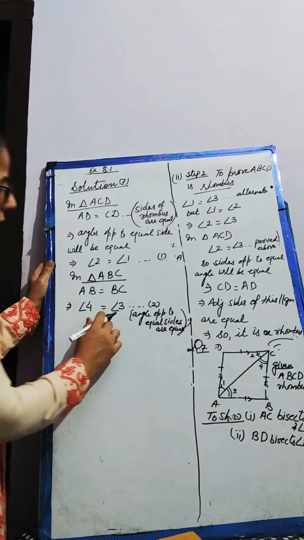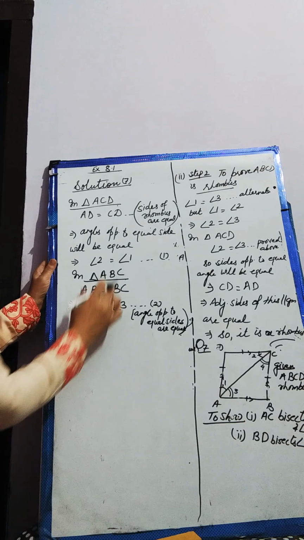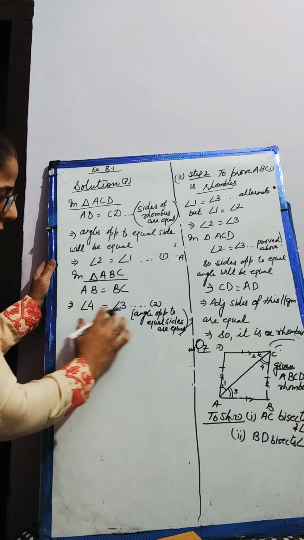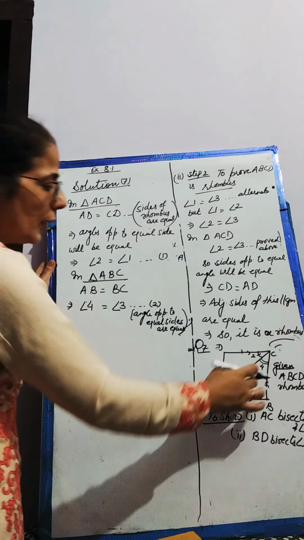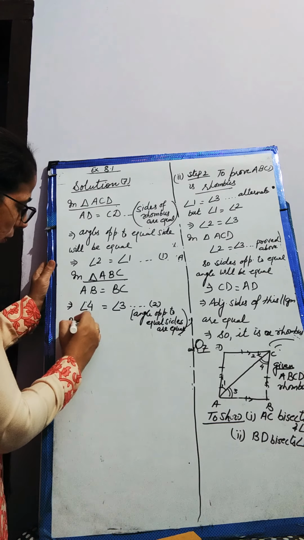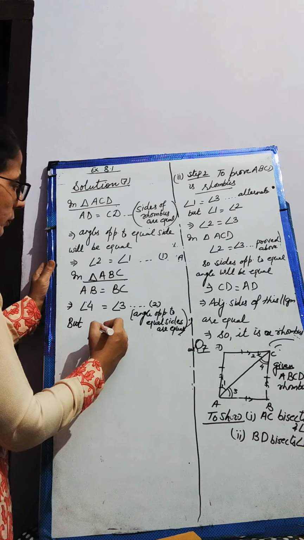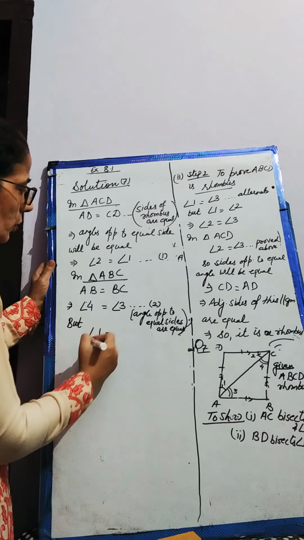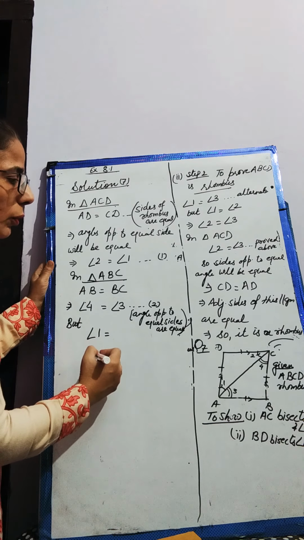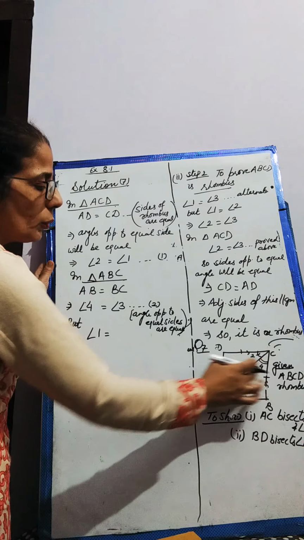So they are equal. Since angle 2 is equal to 1, angle 4 is equal to angle 3. But angle 1 is also equal to angle 4. Why?